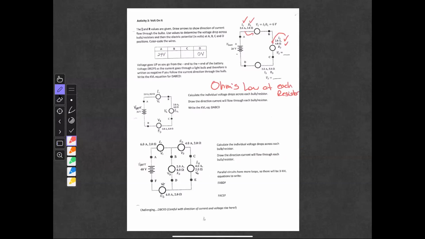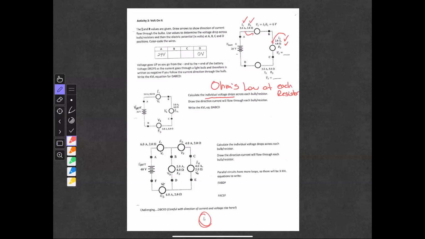If you're writing this down, that's great. If not, we're recording, so we'll post this right away and get it up on Canvas so you can review it later as you're doing your work. So page 16 is one of your first assignments, and it says calculate the individual voltage drops across each bulb and resistor.